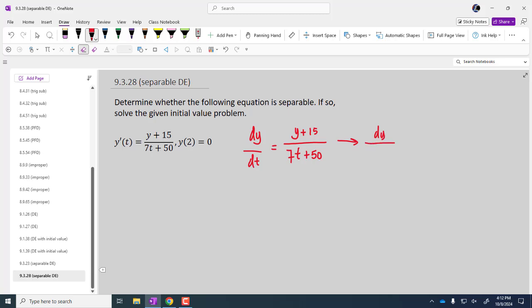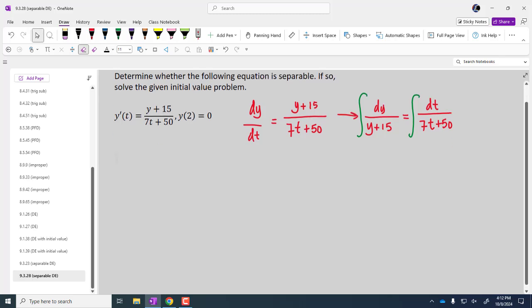So we're going to have that. And we're going to put the dt to the right. So we have that. And then we can integrate both sides.